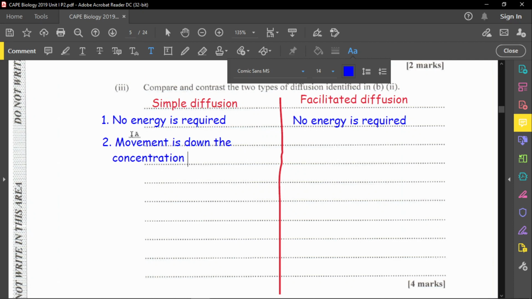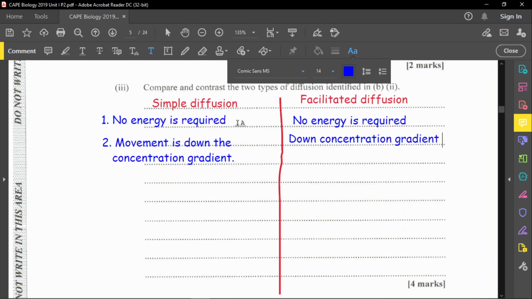And the same thing as well for facilitated diffusion: down concentration gradient for short. And again, what this means is that the substance will move from high concentration to low concentration.